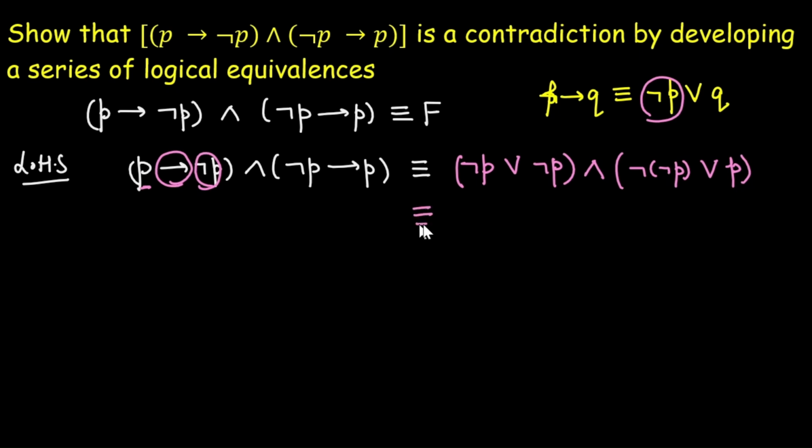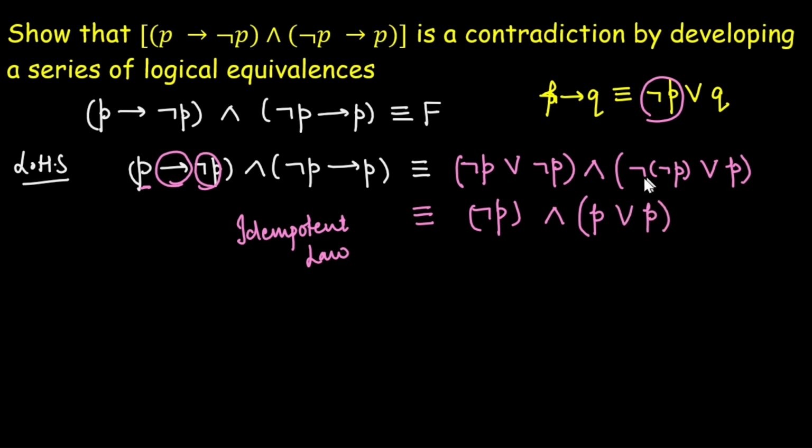This is logically equivalent to negation P or negation P. Obviously, negation P. So that is idempotent law. And in this case, negation of negation P is P. So we need to keep the bracket because next operator is different, or P. And here we have used double negation law.